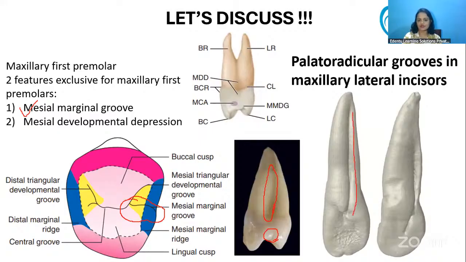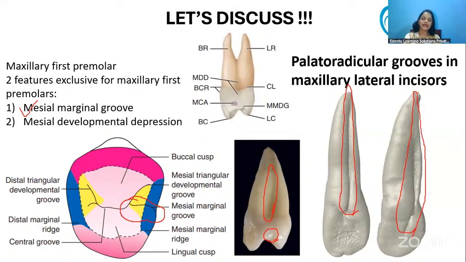The grooves that are seen here are the palato-radicular grooves. These are also developmental grooves that are mainly seen on the palatal surface of the maxillary lateral incisor. It usually extends below the cingulum region, and it can extend till the root end also.